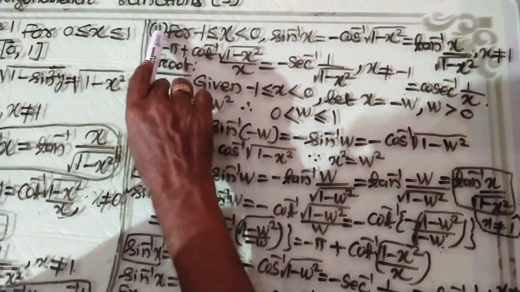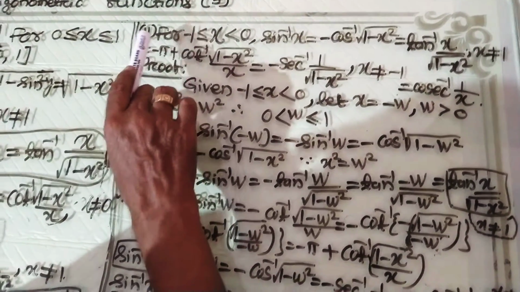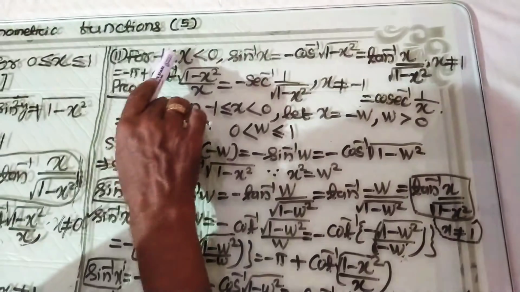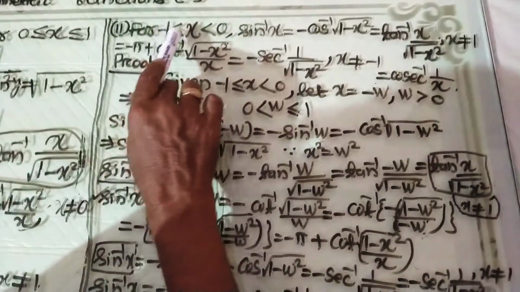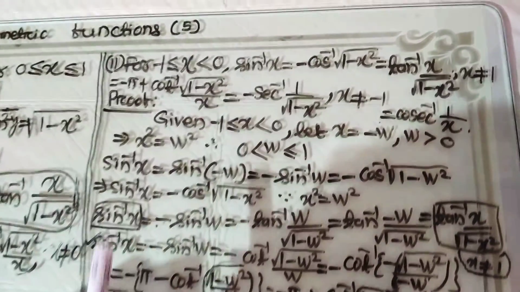This is the second part of example 1. Example 1, for x less than 0 and greater than or equal to minus 1. In the first part we discussed x less than or equal to 1 and greater than 0.